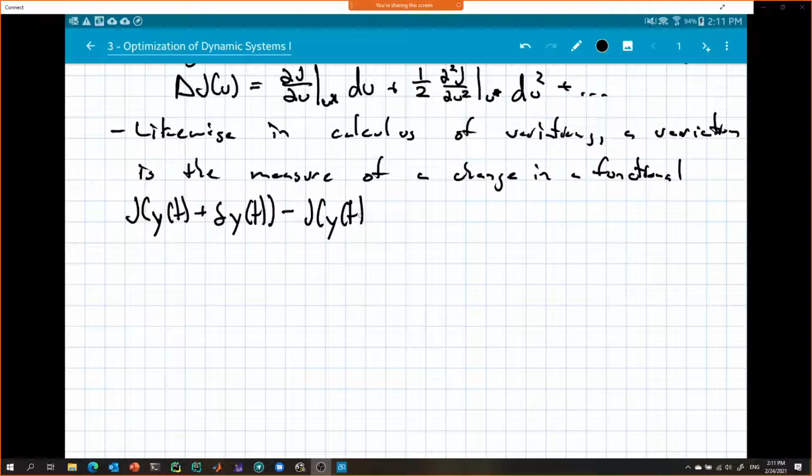So we have J of y plus the change in y, it's actually the variation of y, minus J is equal to the variation of J plus, and then it looks the same as above.